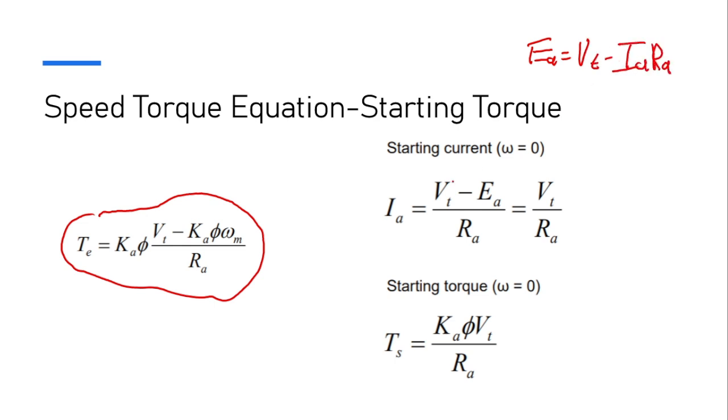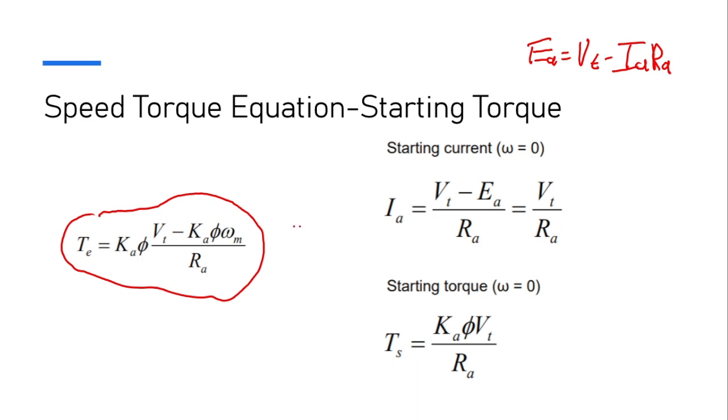They make IA the subject of the formula, and at this point you're talking about starting torque. From before it was starting speed, now you want to know what the starting torque is. At starting torque, your angular speed, omega, will basically be 0. And we know at the start, your back EMF value is basically 0. So you're just going to end up with VT on RA.